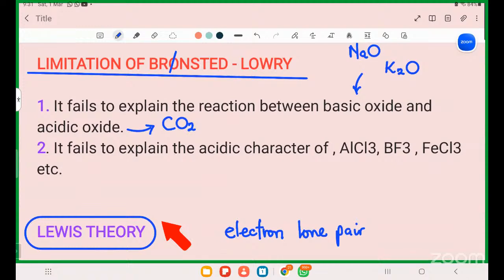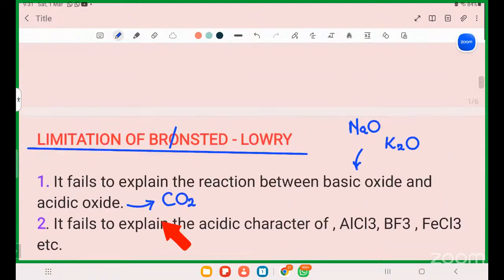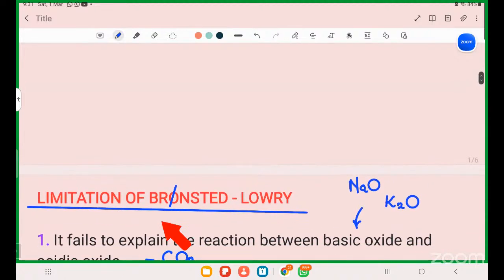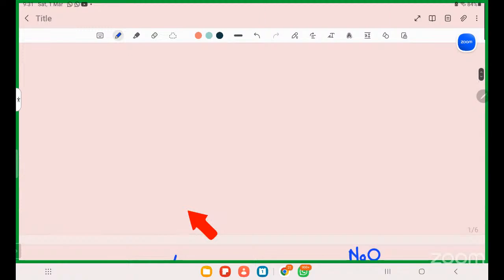A theory that supports water as an acid is the Brønsted-Lowry theory. In fact, water is an amphiprotic substance. Water is an example of an amphiprotic substance.